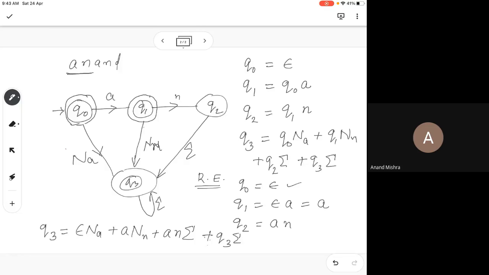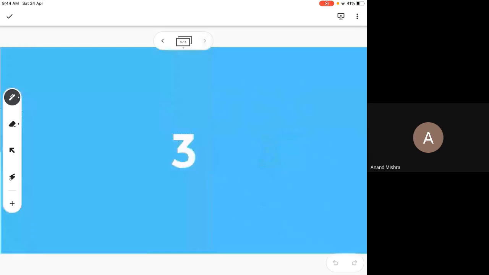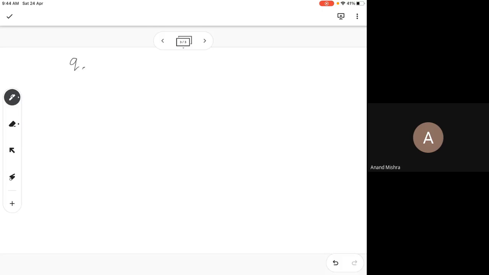All right, so Q3 is this guy. Now this, if you look into it, is the same as Arden's formula, that is R equals Q plus RP, where this is R, this is Q, and this is P. So what I can do is write R equal to QP star.